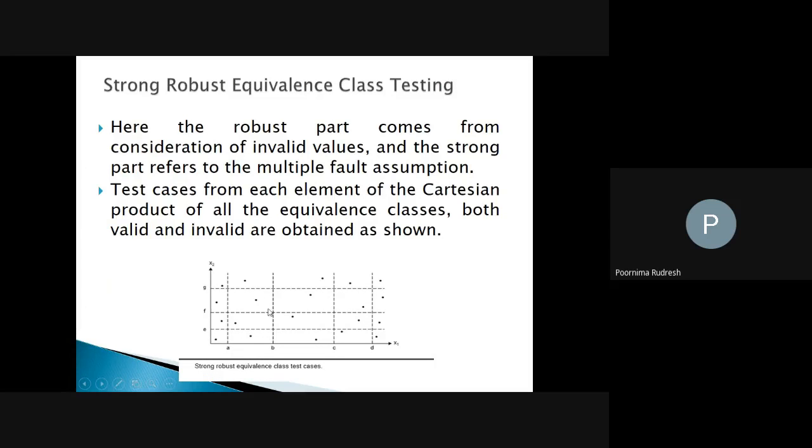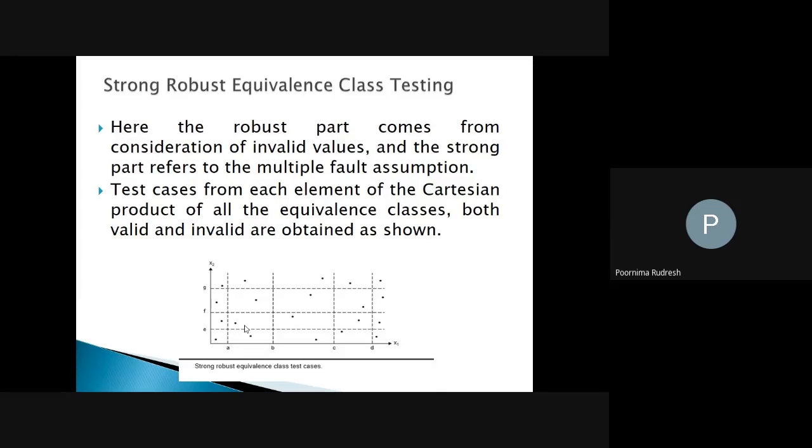See here, we have more invalid test cases for each equivalence class. If this is one equivalence class and this is another, we are considering more invalid values, and similarly more multiple fault assumptions. So test cases from each element of the Cartesian product of the equivalence classes are both valid and invalid. We have taken both the valid and invalid classes with the help of the Cartesian product of all the equivalence classes.